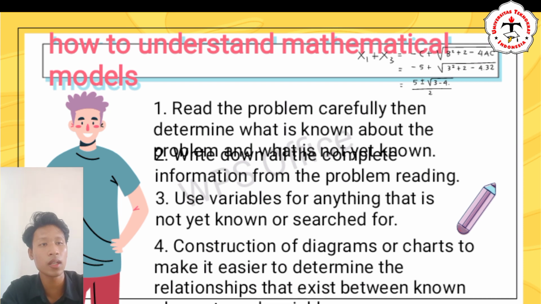Third, use variables for anything that is not yet known or being researched. Number 4 is construction of a diagram or chart to make it easier to determine the relationship that exists between known elements and variables.